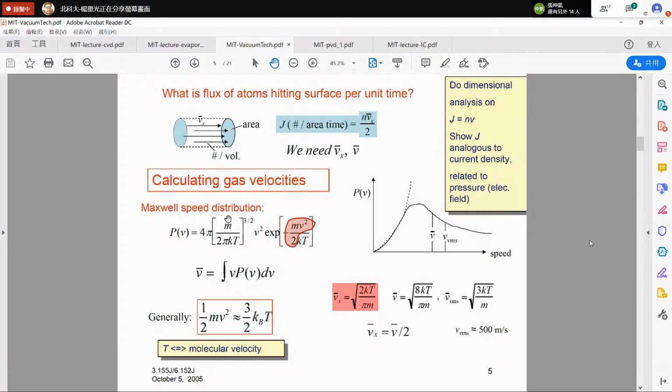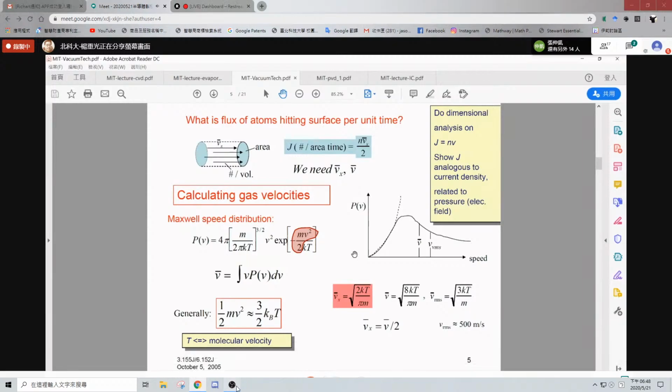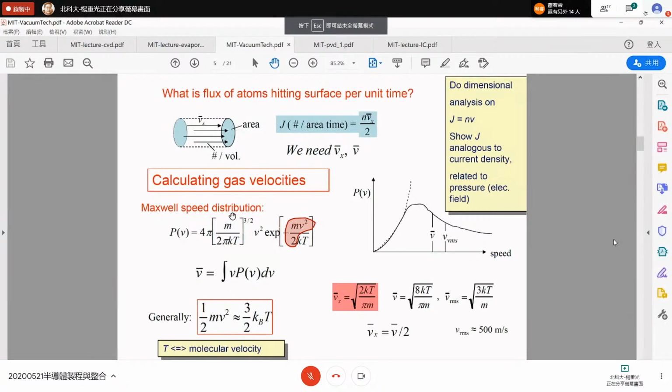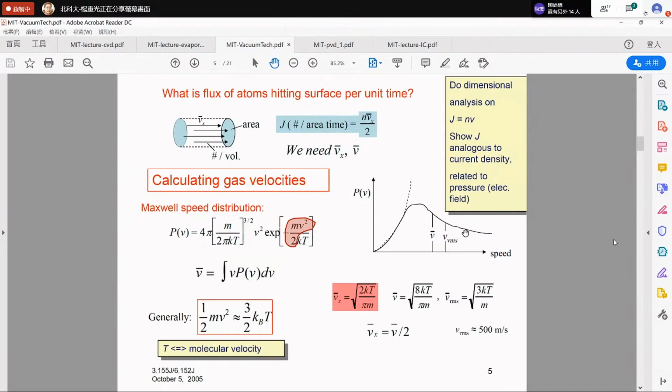Calculating the gas velocity, we know the gas follows a Maxwell distribution. This part is the kinetic energy, m v squared divided by 2, and k is the Boltzmann constant, T is the temperature.